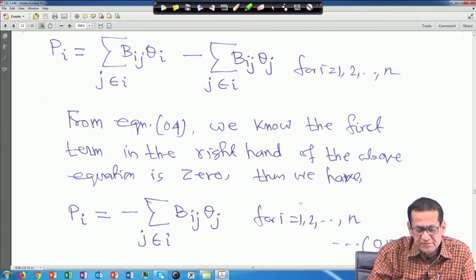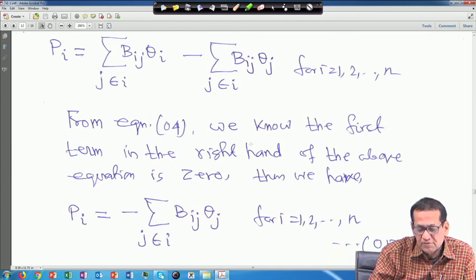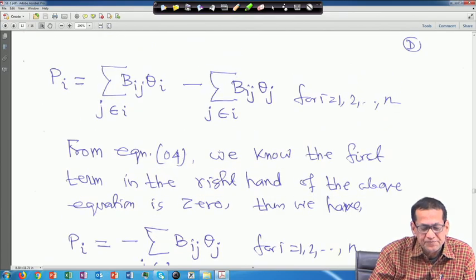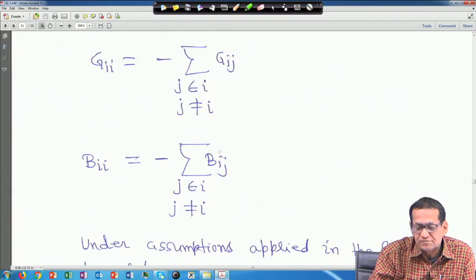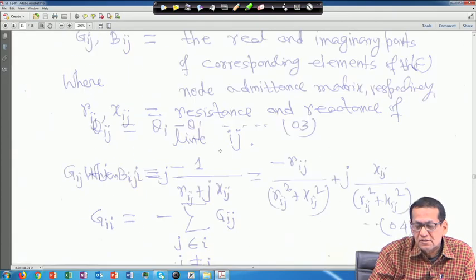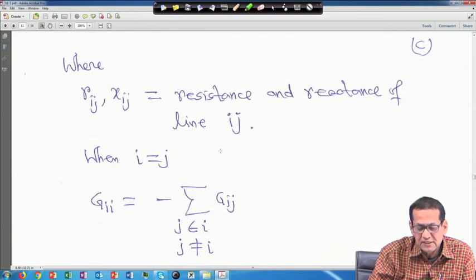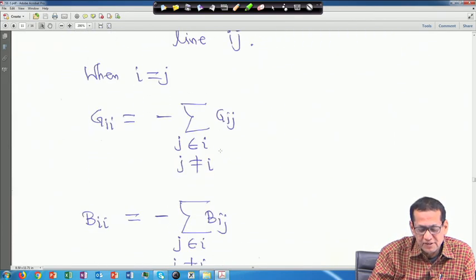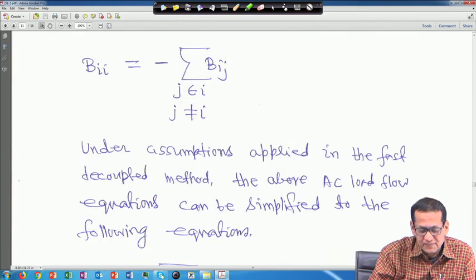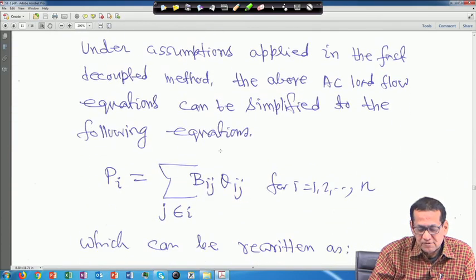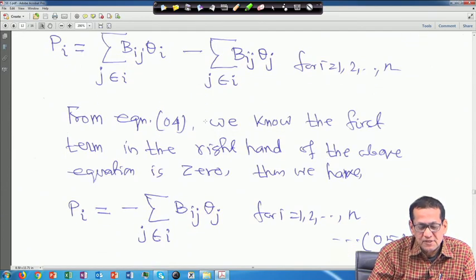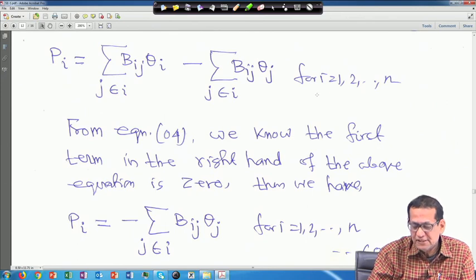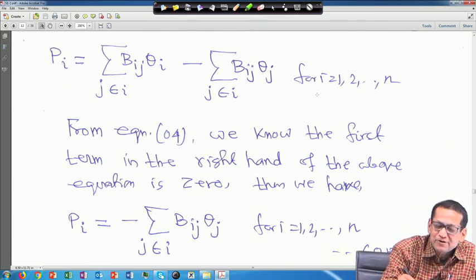So, this is a simple thing. From equation 4 we know that the first term on the right hand side of the above equation is 0, because if we come back to equation 4, let me see, this is equation 3, and 4 is this one. I forgot to mark equation 4, it should have been equation number 4, I am marking it for you.